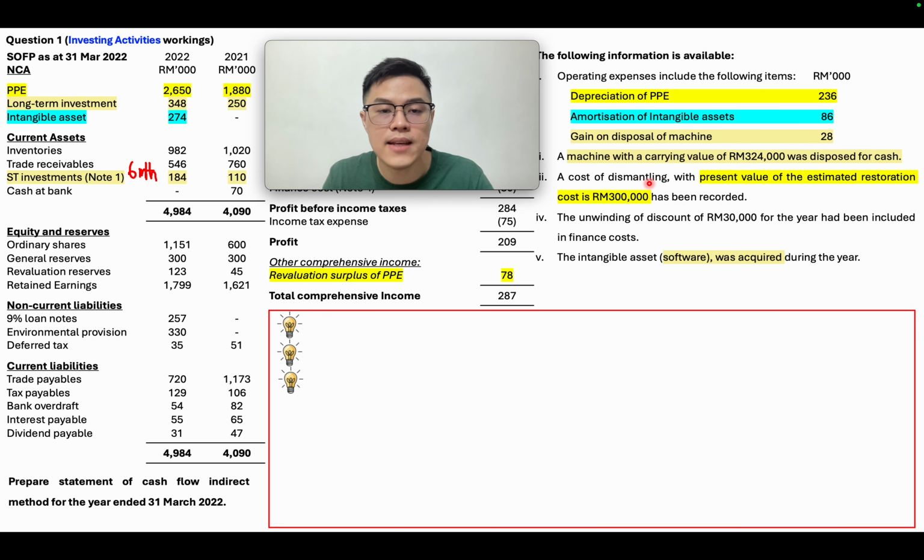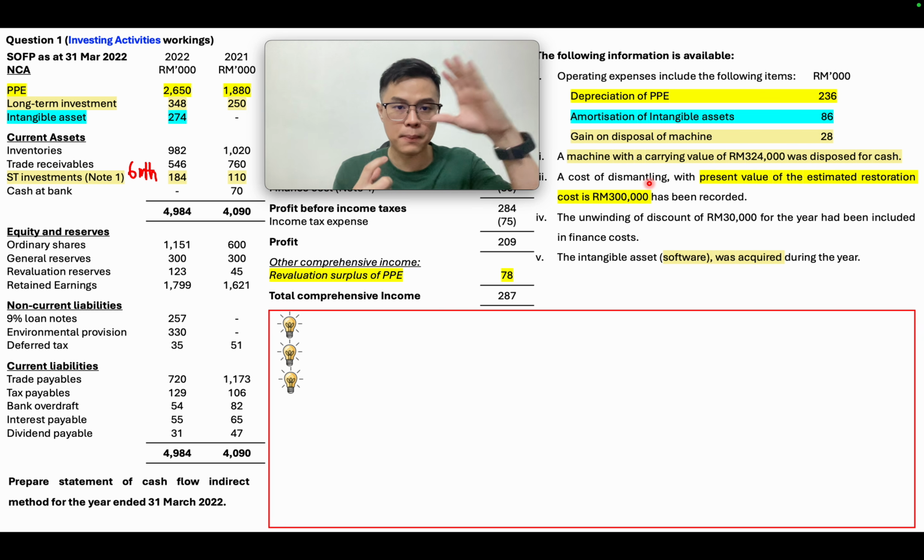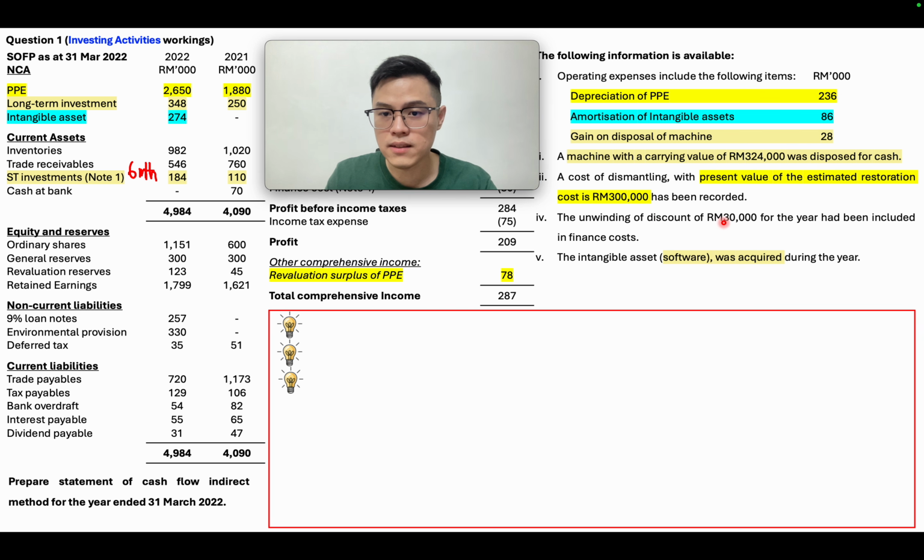The cost of dismantling is the initial cost of your PPE, where you will need to estimate a future value of how much is the cost of removal. You bring it back to the present value, then you debit PPE, credit your provisions. So it will increase your PPE. And unwinding interest related to this cost of dismantling, and there's a purchase acquisition of the intangible asset software during the year. So all this highlighted, something that I highlighted in here, you're going to use in investing activities.